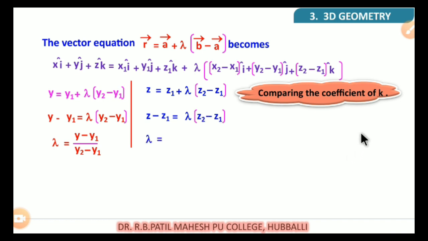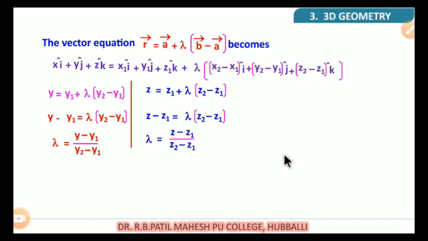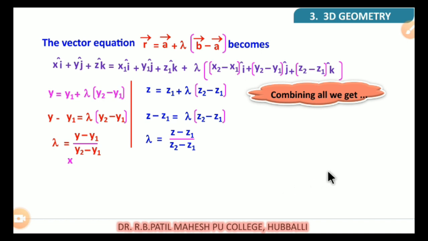Separating the value of lambda, it is equal to (z minus z1) divided by (z2 minus z1) after transferring to the denominator side. Now combine all the values of lambda.